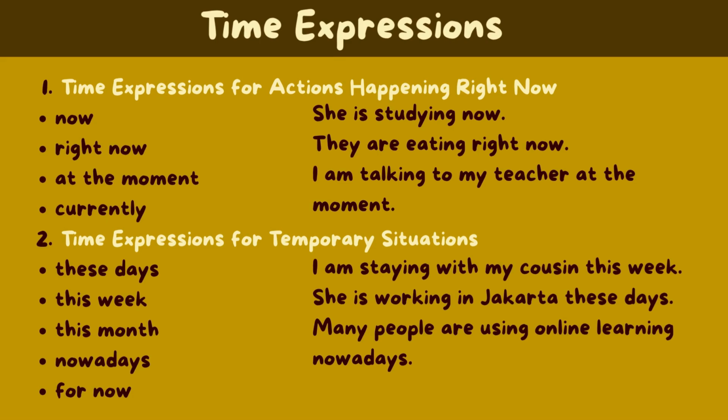Second, we use time expressions for temporary situations. Common examples are these days, this week, this month, and nowadays. For example, I am staying with my cousin this week, and she is working in Jakarta these days.